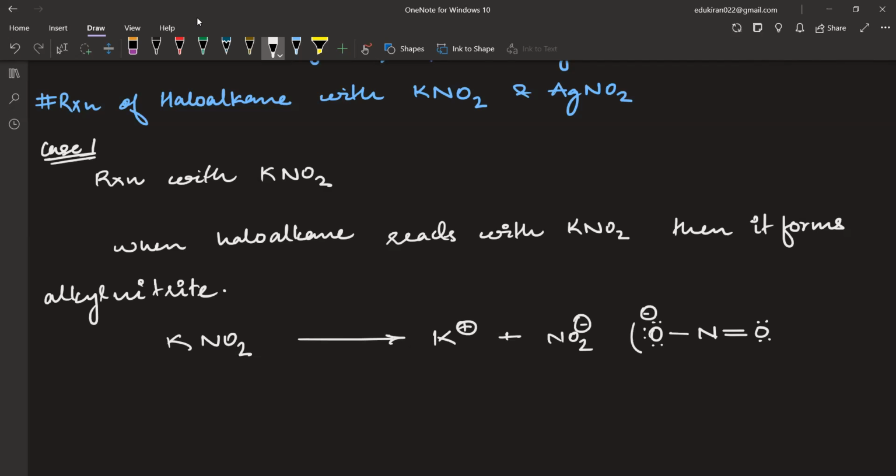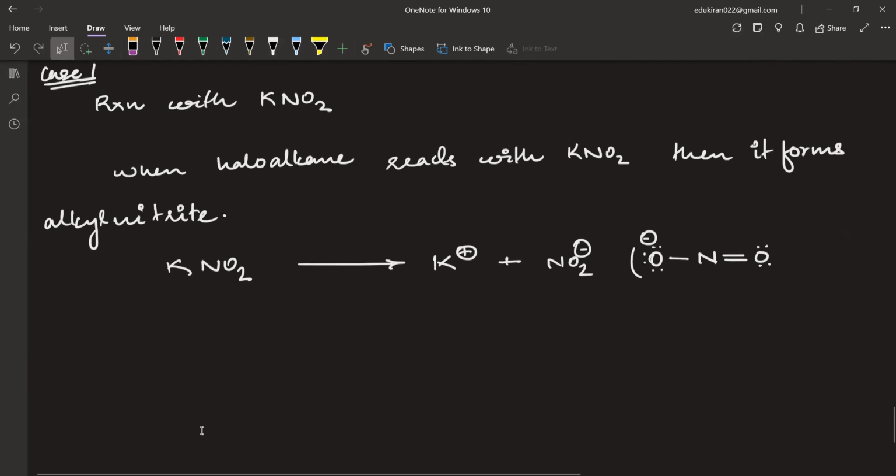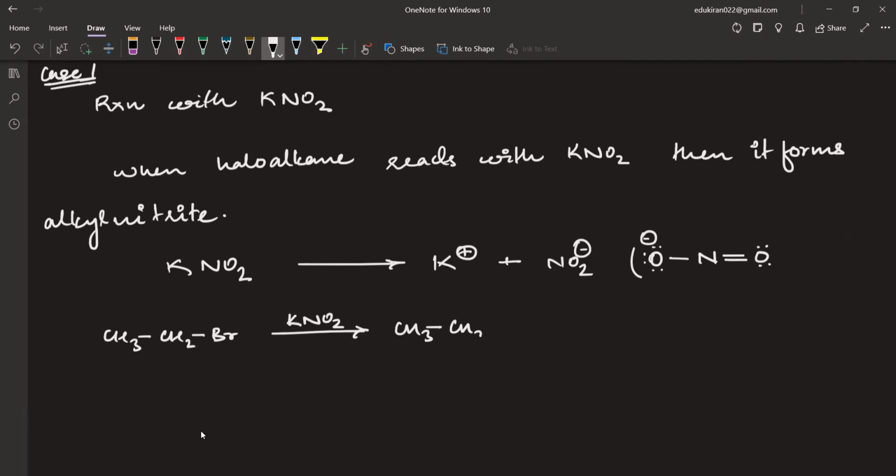Oxygen is negatively charged, so it is readily available for donation of electrons. That is why, if you react CH3CH2Br with KNO2, it forms CH3CH2ONO. That means the reaction is happening through the oxygen atom.